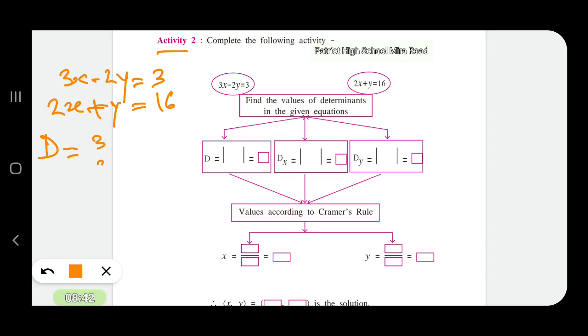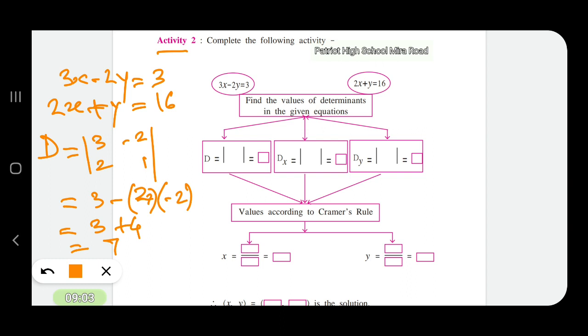So 3, 2, minus 2, 1. So the value of this determinant will be 3 minus of minus 2 multiplied by minus 2. So it will be 3 plus 4, which is 7. So the value of D will be 7.